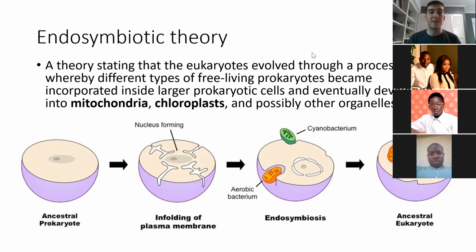So endosymbiotic theory is this idea that somewhere in our evolution of eukaryotic cells like we have, those cells engulfed bacteria, either aerobic bacteria or cyanobacteria, and that those bacteria were essentially the precursors to what are now mitochondria in our cells and chloroplasts in plant cells. So this is, I think, a widely accepted theory.